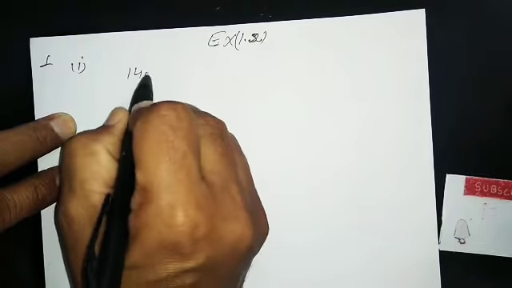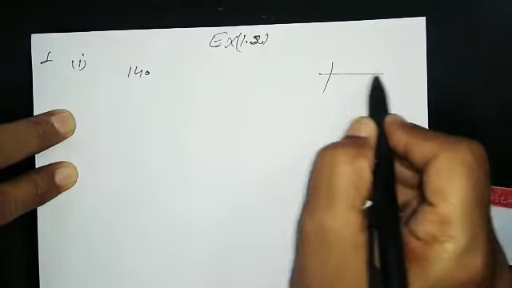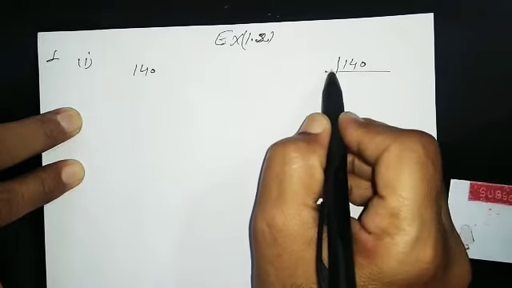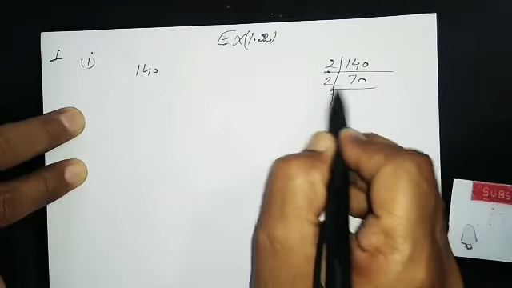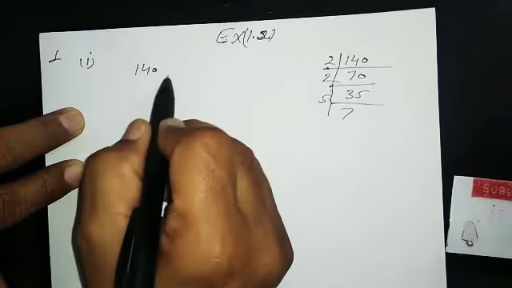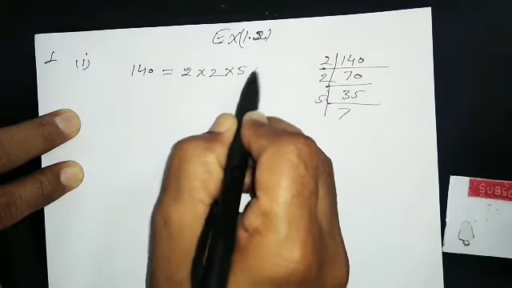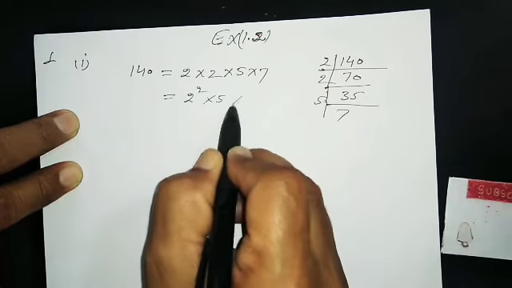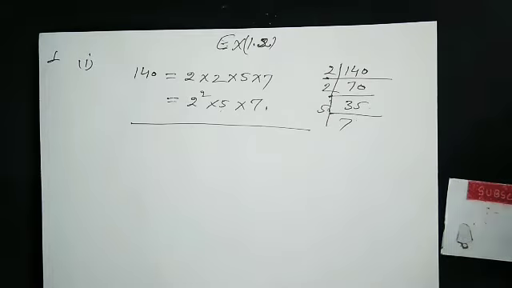We have been given 140. This is the number. As you know, 140 can be factorized with the help of this process. We will get 70, 35, 5, 7. So this can be written as 2, 2, 5, 7. So 2 power 2, 5 and 7. All are prime factors.